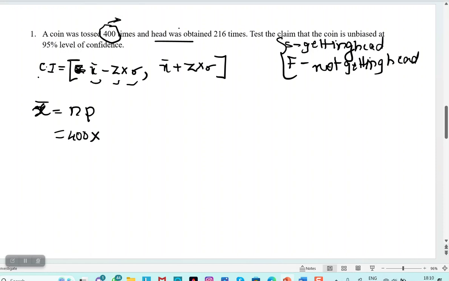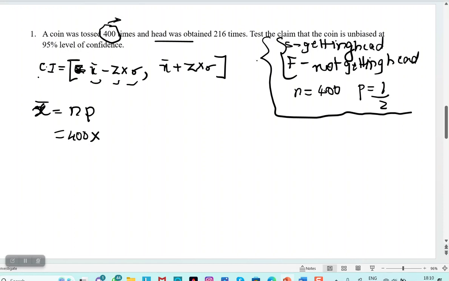Now p is the theoretical probability, that means the probability obtained through theory. Whenever you toss a coin, the chance of getting a head is half. Therefore, the probability is 1 by 2. You don't have to calculate it from the problem, you get it from theory. Therefore, x bar is 200.